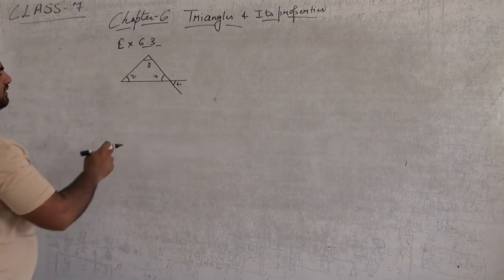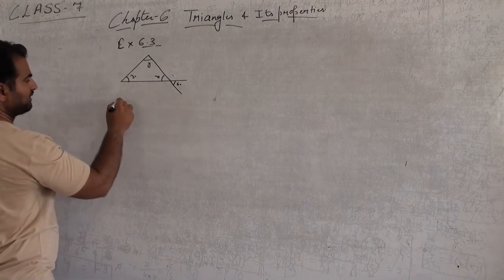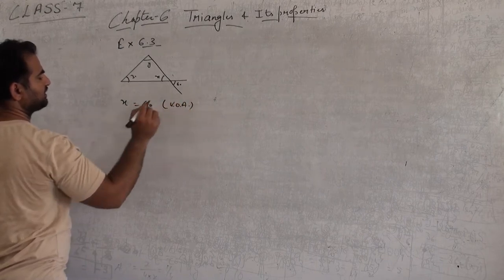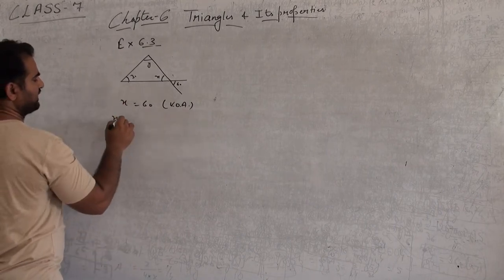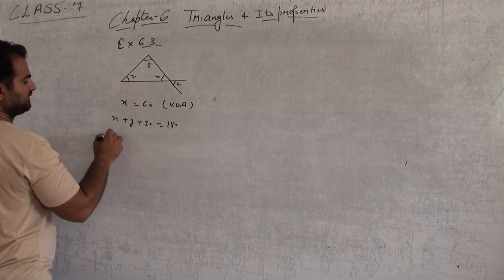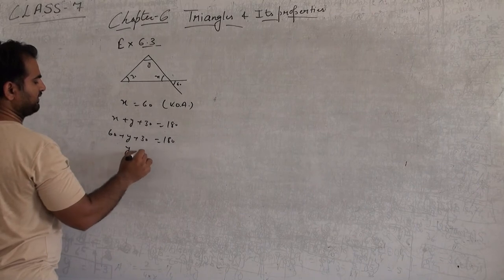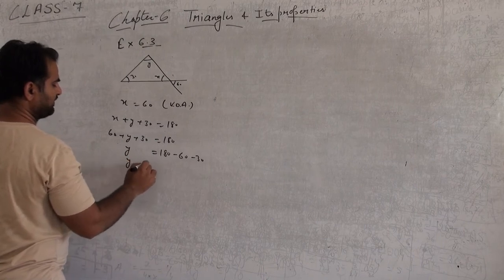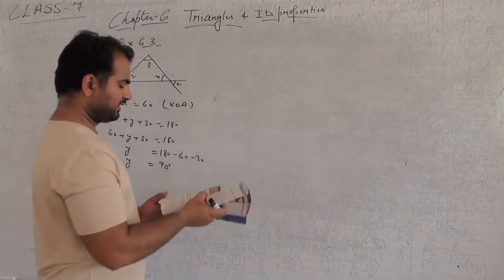Okay, we know that x is equal to 60 because of the vertically opposite angle. X equals 60, bracket VO, vertically opposite angle. Next, the sum of all angles of a triangle is 180. So x plus y plus 30 equals 180 degree. So x was 60. So 60 plus y plus 30 equals 180 degree. Y will be 180 minus 60 minus 30. So y will be 90 degree. This is your answer. Okay.